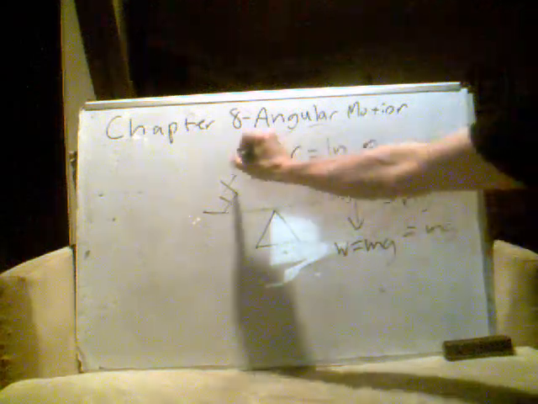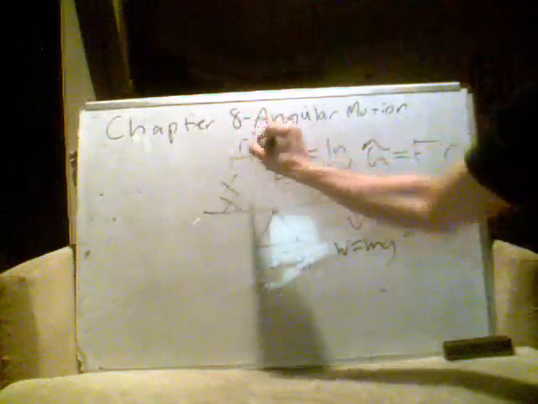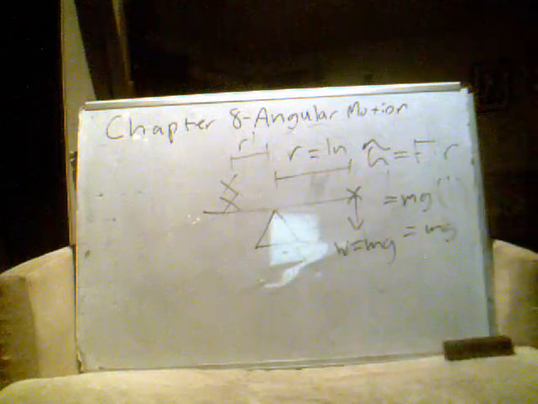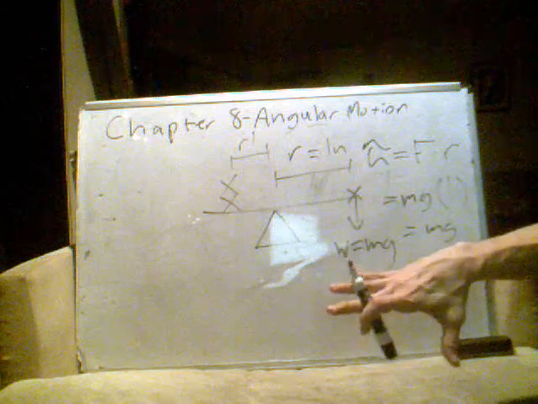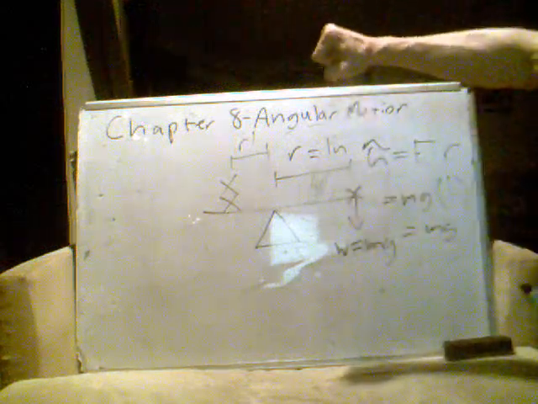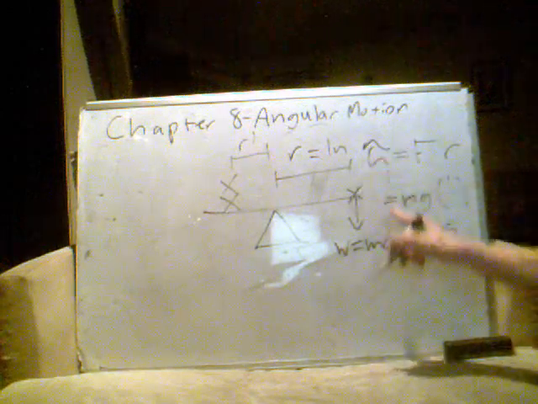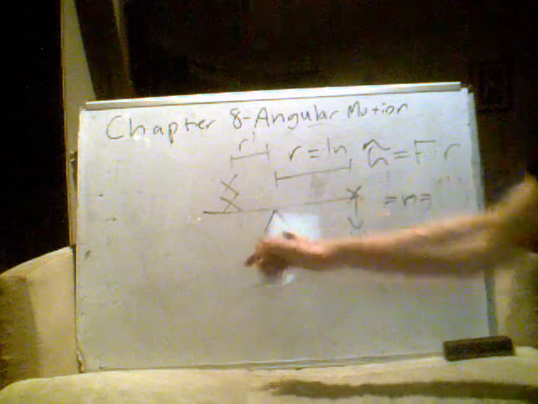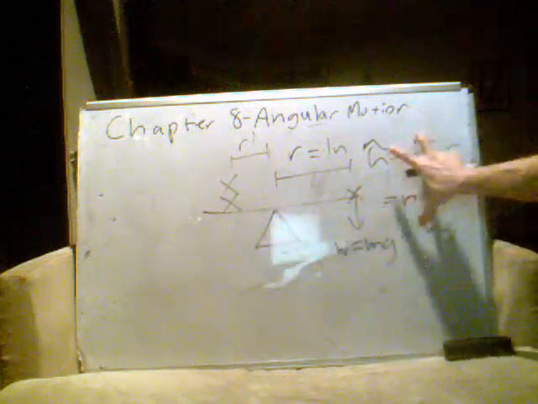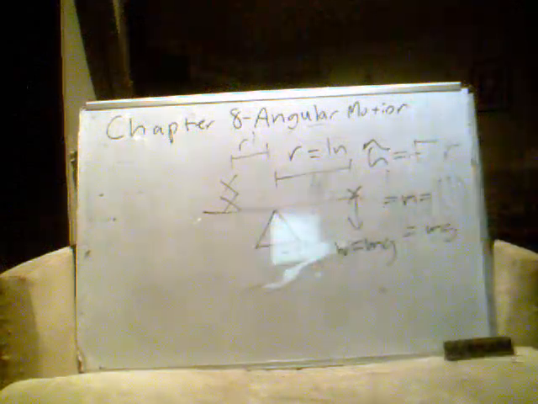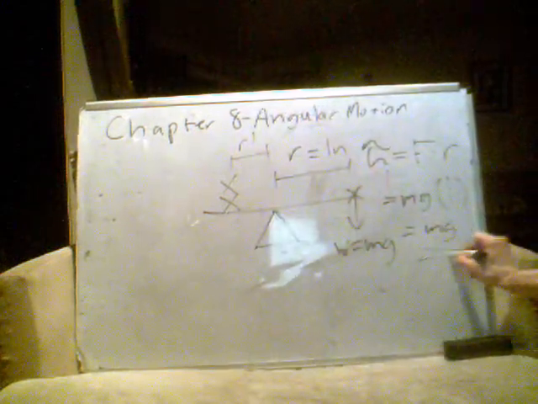Now, call this r prime. Now, it's not fair to say that you have positive torques or negative torques. It's fair to say that you have maybe clockwise torques and counterclockwise torques. So this one is going to be a clockwise torque, right? And we want to have a counterclockwise torque that's equal to this torque, right? So we want our counterclockwise torque to equal mg.